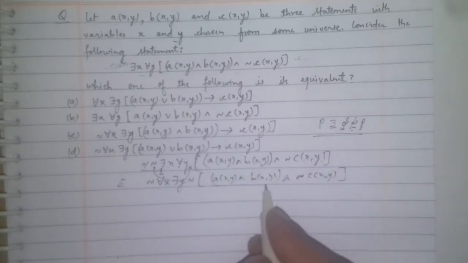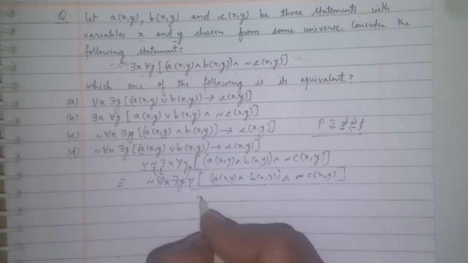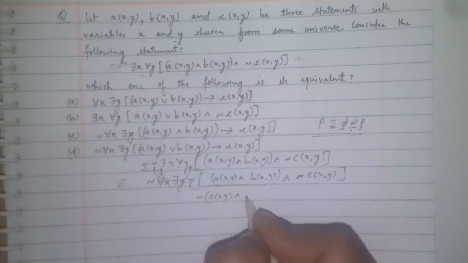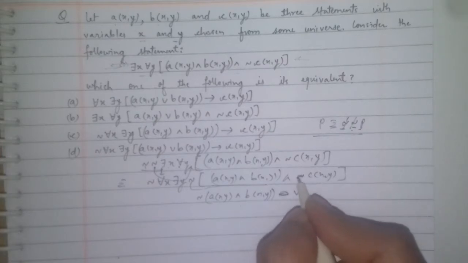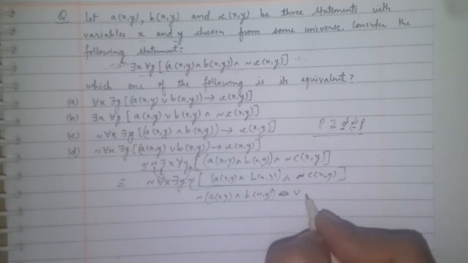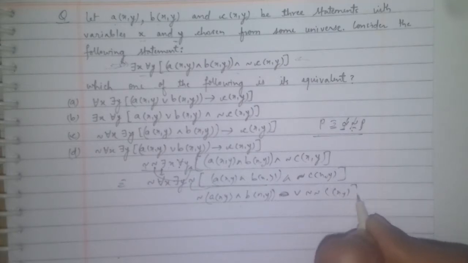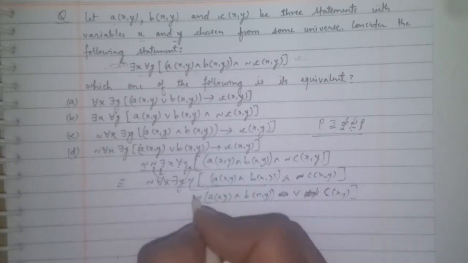Using De Morgan's theorem, we will break this formula. Not A(x,y) and B(x,y), or not not C(x,y). We can say two nots before C will cancel each other, so C(x,y).